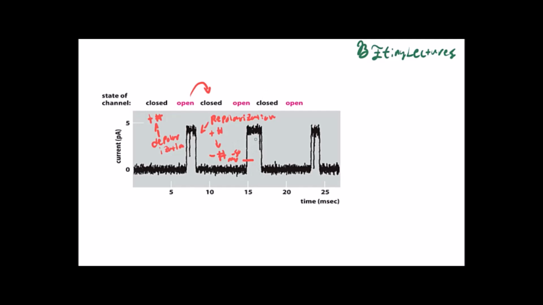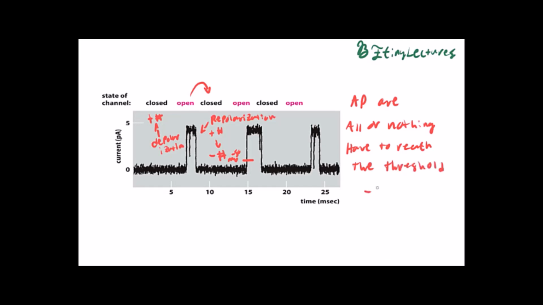That is the golden number. That is the threshold. And because we have to hit a threshold, this is called an all or nothing event. So action potentials are all or nothing, meaning that we have to reach the threshold.